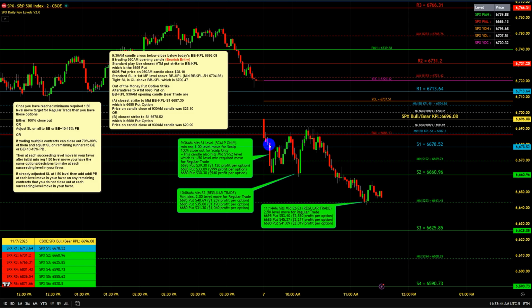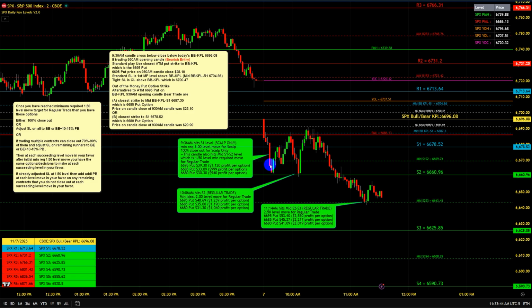Now in this particular candle, it happens to hit both the scalp level and the 1.5 level move, minimum required move for a regular trade. So on a scalp, you would just be closing out your contracts.